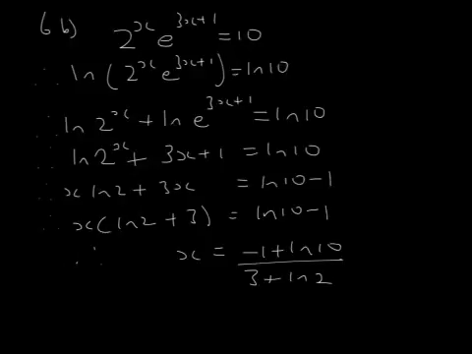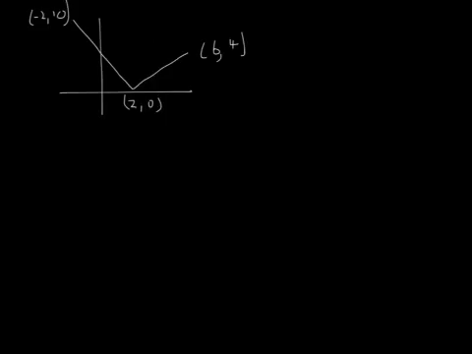Here we have question 7, and in question 7 part A you're asked to write down the range of f, in other words the y numbers, from 0 up to 10. So we get 0 is less than or equal to f of x, which is less than or equal to 10.